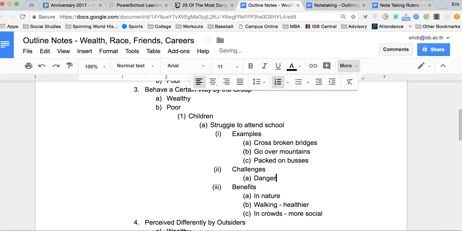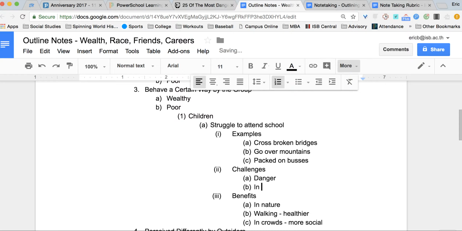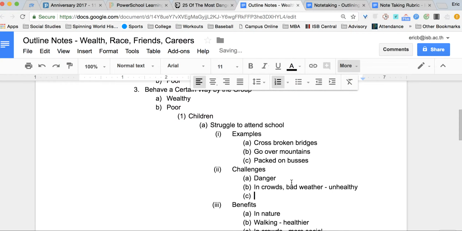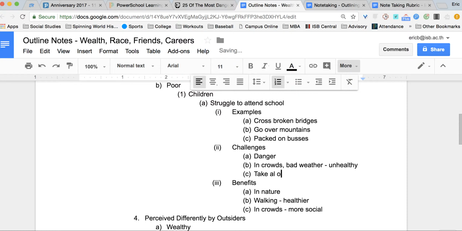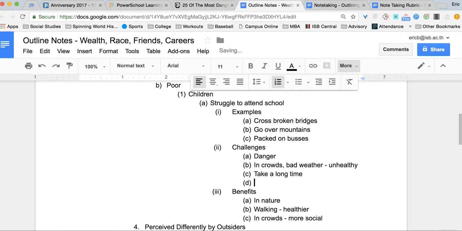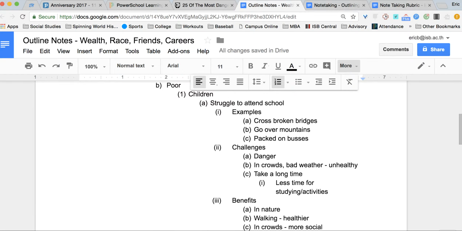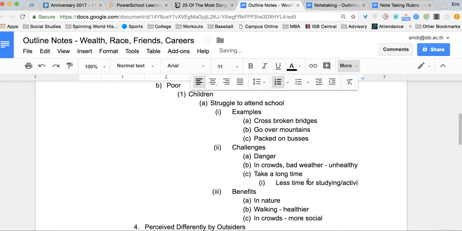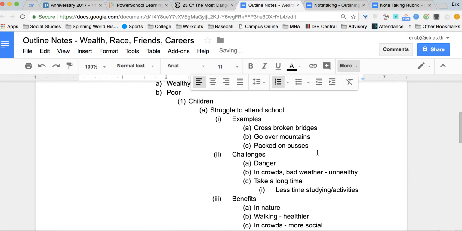So you're in crowds, bad weather. That could actually be unhealthy. And it's going to take a long time. So what? It takes a long time, which means less time for studying or for activities. Okay, I prefer it doesn't go on a second line, less time studying activities. Okay, so that's just this one.